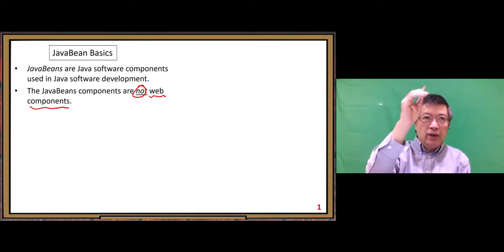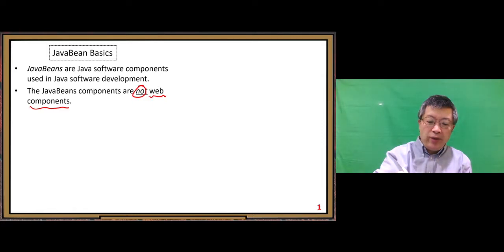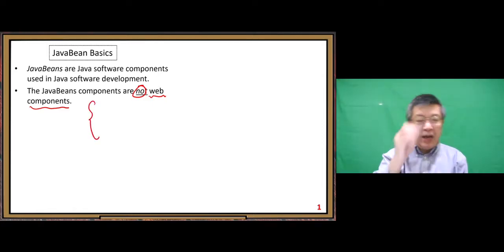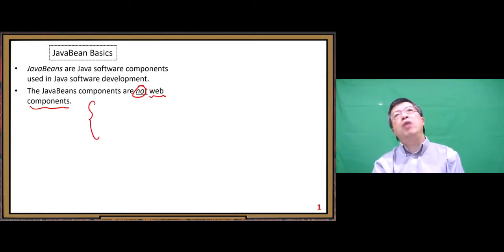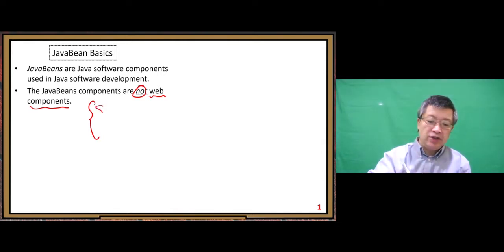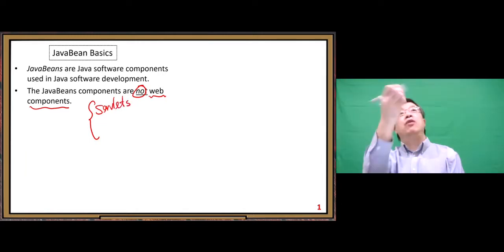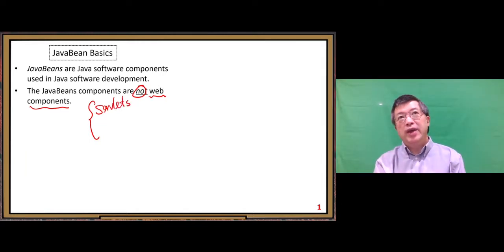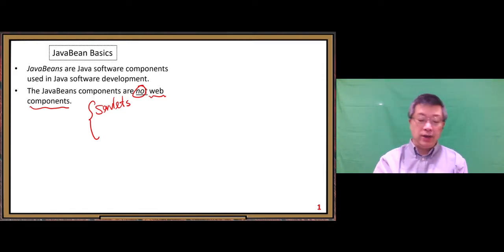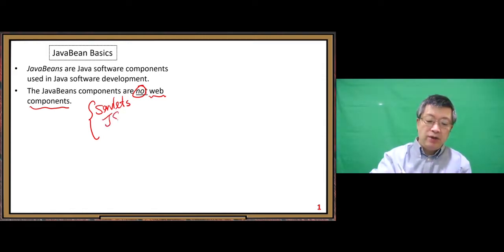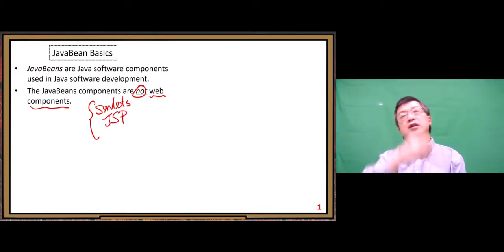When we talk about web components, what are the web components? Servlets. They rely on the web environment, right? Without a server, how can you run servlets? JSP is basically servlets, and also relies on the web environment.